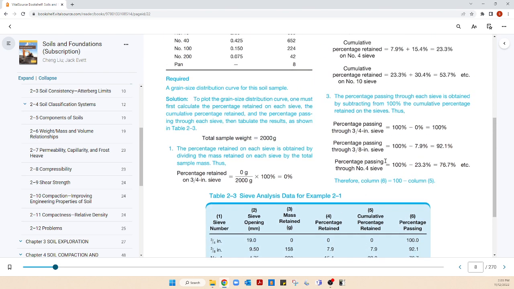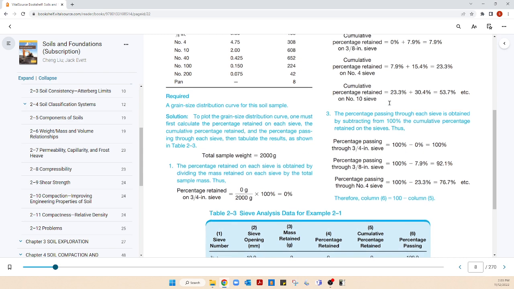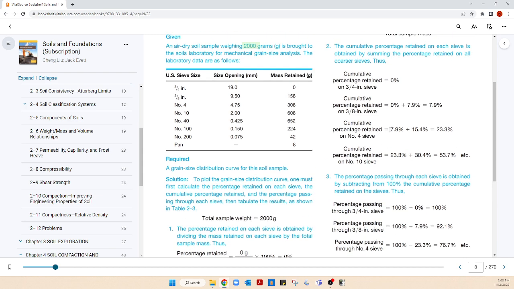So number sieve is number sieve. The number 4 sieve is 15.4 plus 7.9. That's this up here, equals 23% so far cumulative.